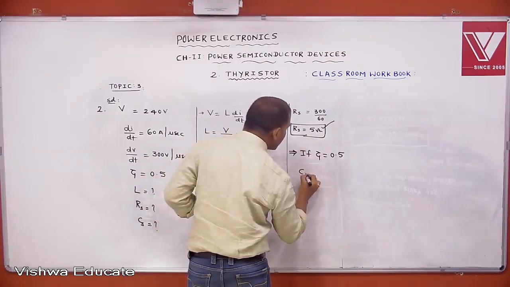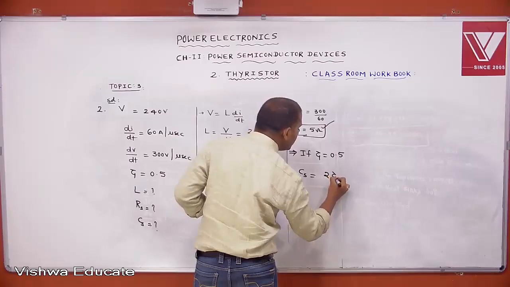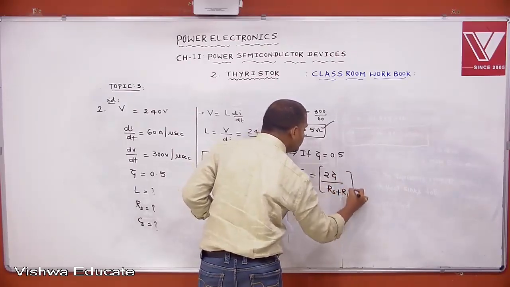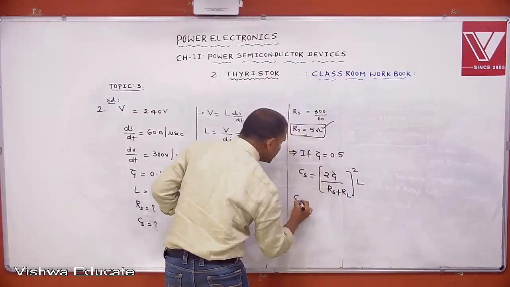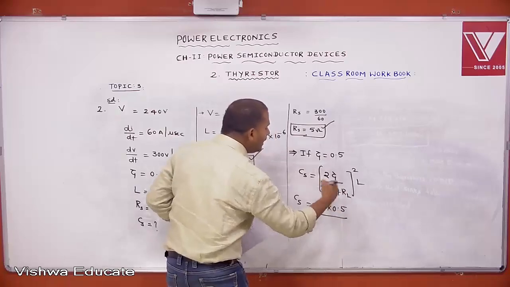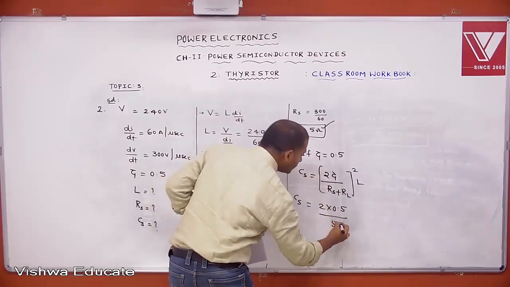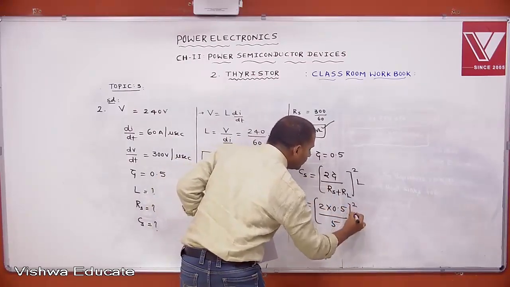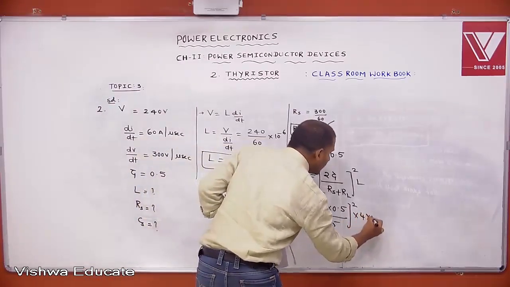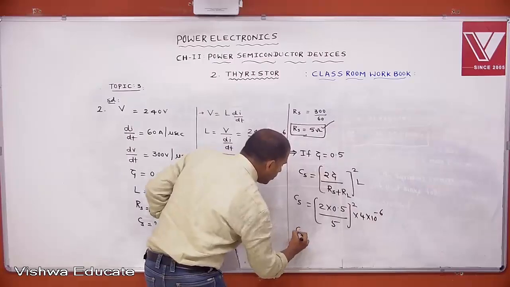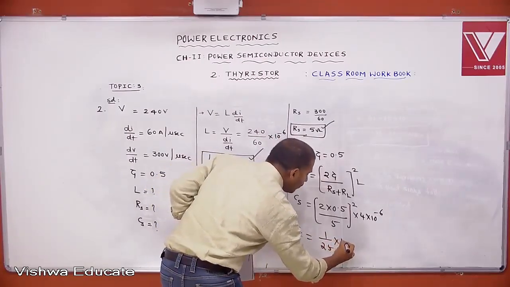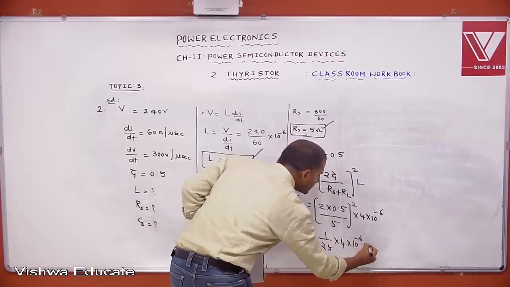The snubber circuit capacitance Cs equal to 2 zeta by (Rs plus RL) whole square into L. Then Cs equal to 2 into 0.5 by (RL is not given) 5 whole square into L. L is 4 microhenry, 4 into 10 to the power of minus 6. Then Cs equals 1 by 25 into 4 into 10 to the power of minus 6.